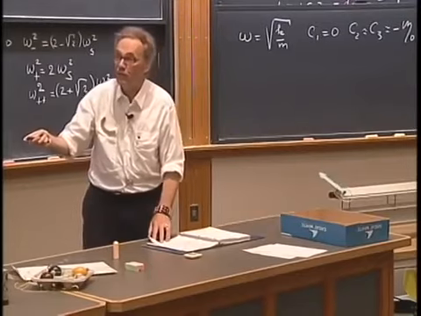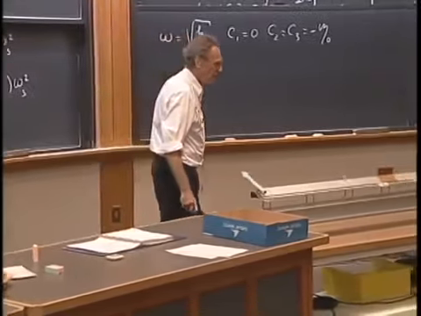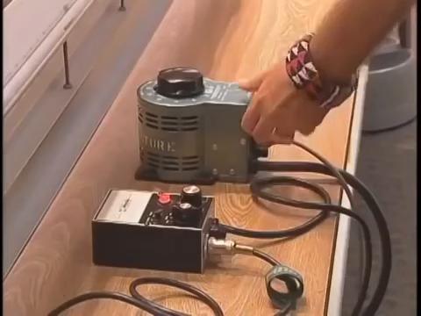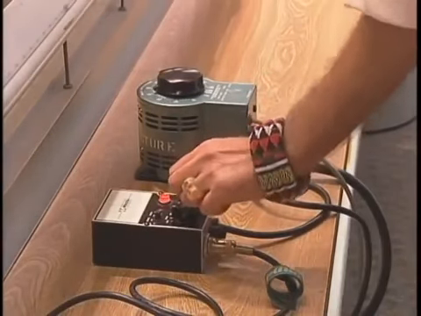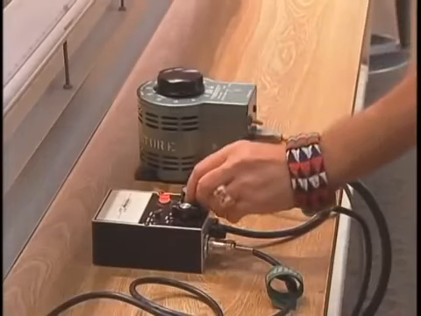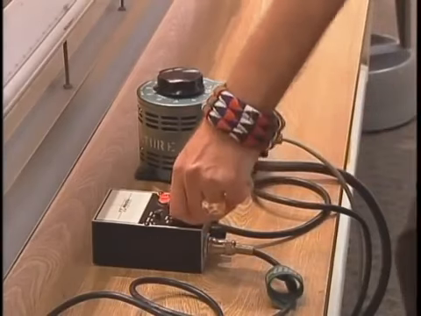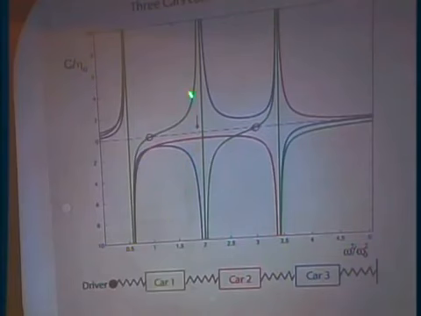Now I'm going to try to make you see this point. So I'm going to start it, and then I'll explain to you what is so special about that point. Because again, we have to be patient, and we have to wait for the transients to die out. I'm going to drive it very close to resonance. Right below the resonance, you get a huge amplitude of C1 and C3.